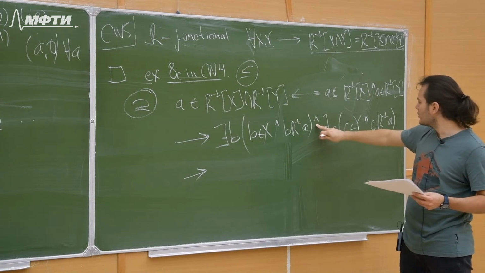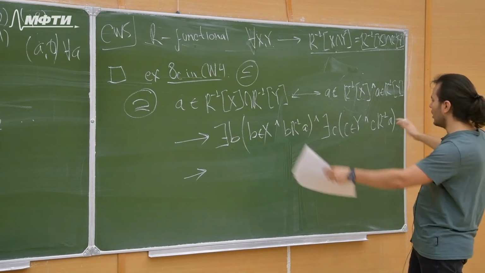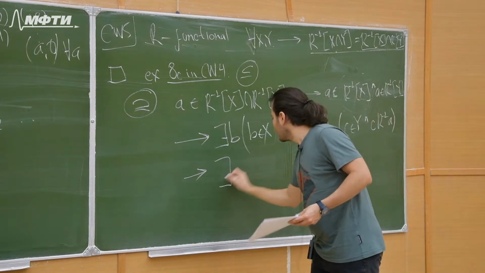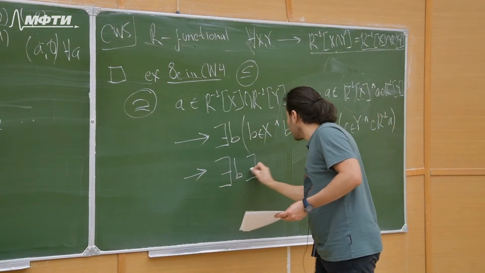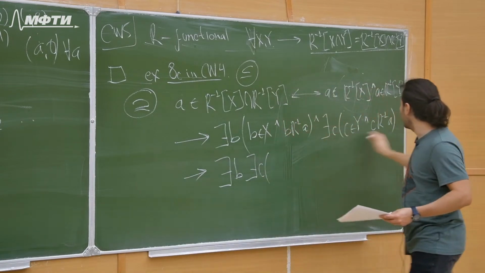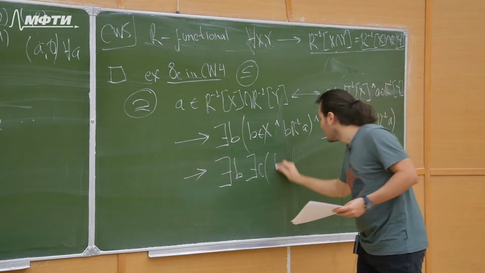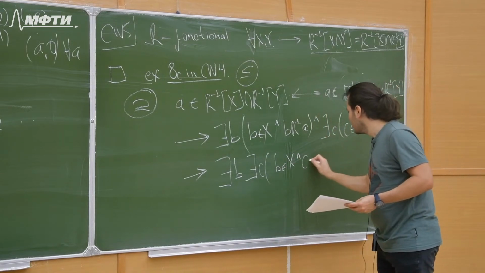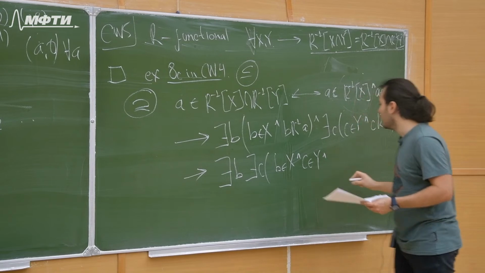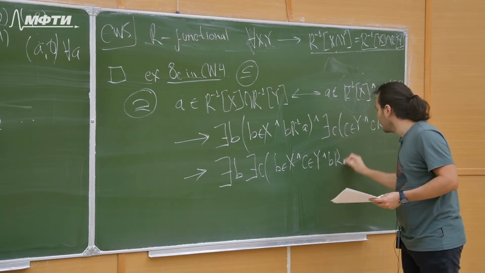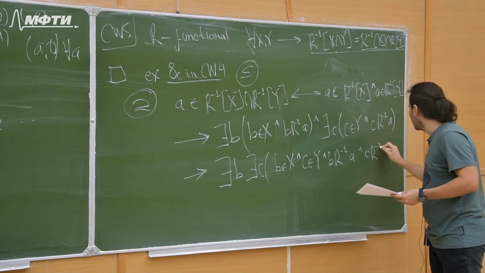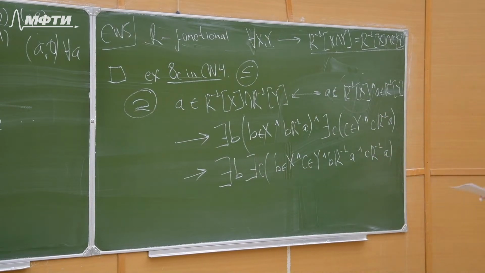So we can just unite everything and take the quantifiers out. We can write that there exists some B and there exists some C such that B is an element of X and C is an element of Y, and B R⁻¹ A and C R⁻¹ A, right?